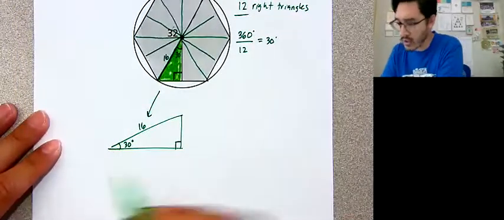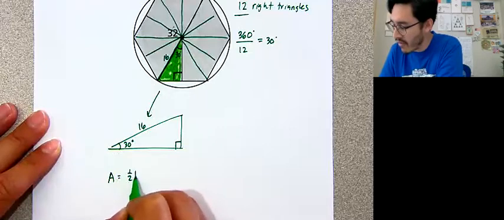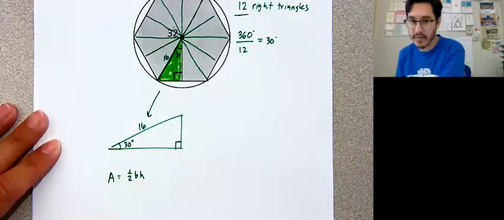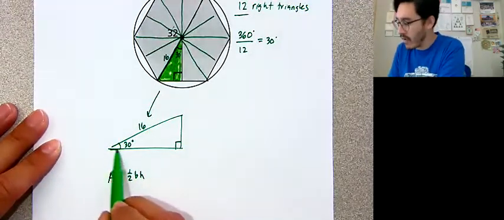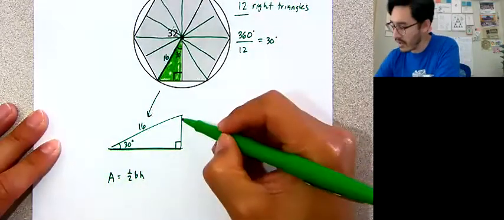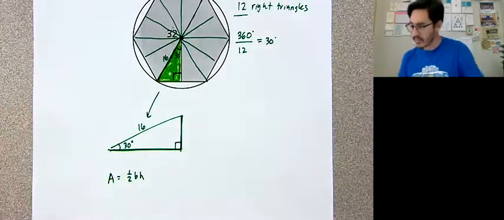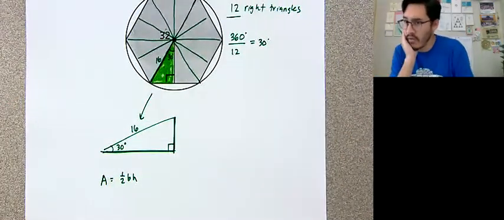Well, the area of a triangle is 1/2 base times height. So now we've got to figure out the length of the base and the length of the height. And all we have to go off of is the length of the hypotenuse.